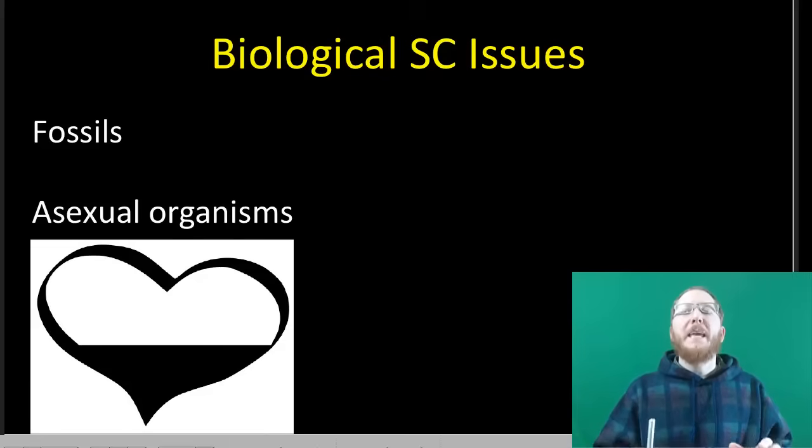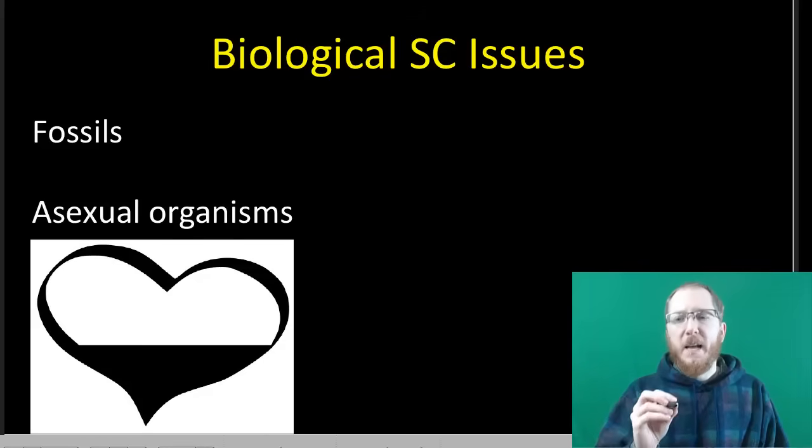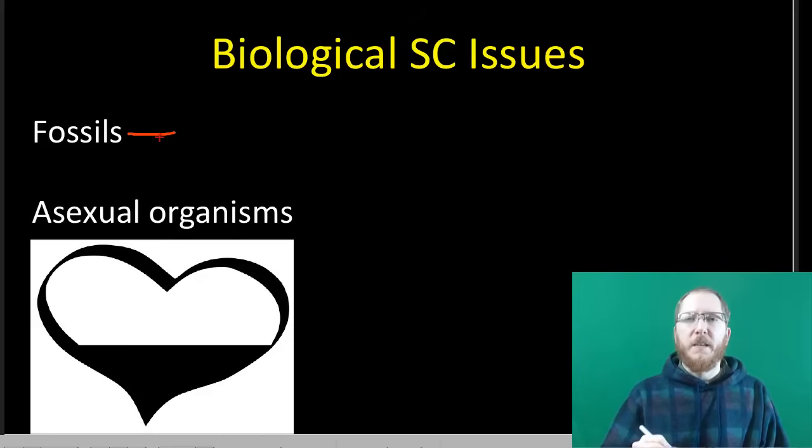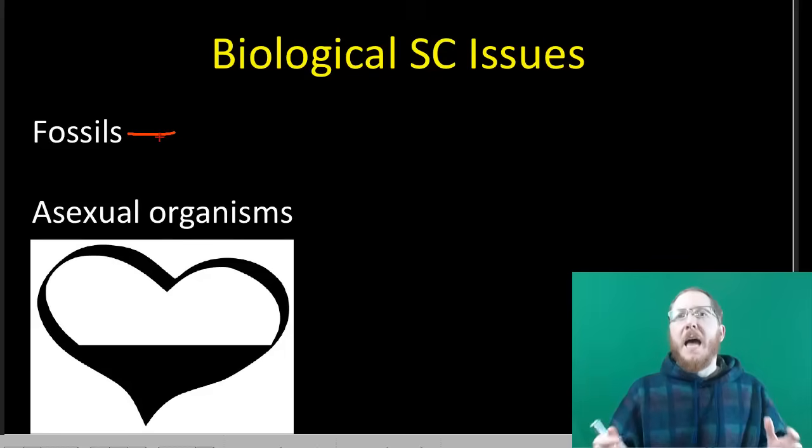Now, there are two main problems with the biological species concept that don't allow us to use it all the time, so we can't solely have one species concept. With the biological species concept, you have to be able to see if two things could breed together. If they're fossilized and no longer alive, I can't see if they can successfully breed together.